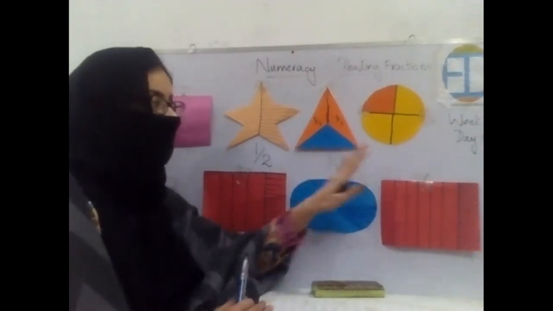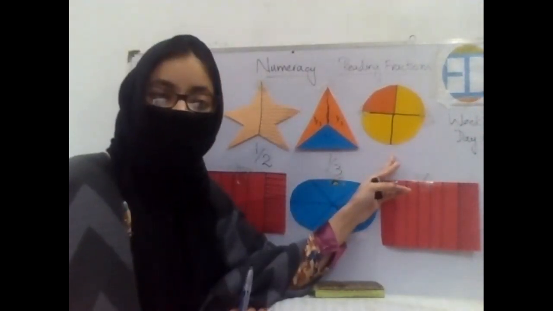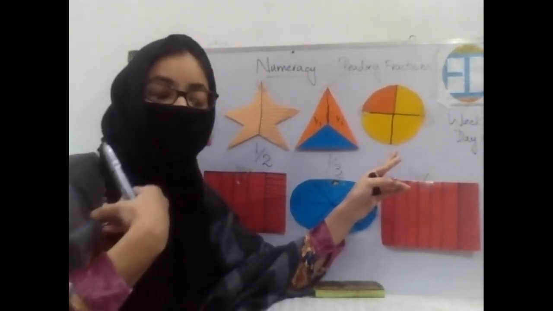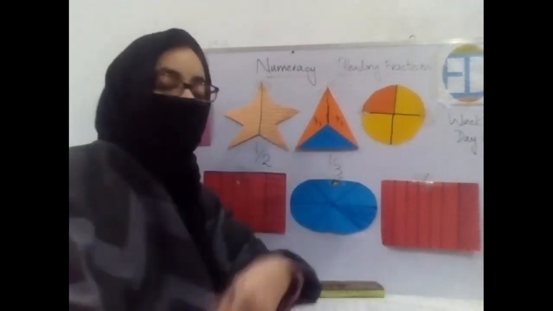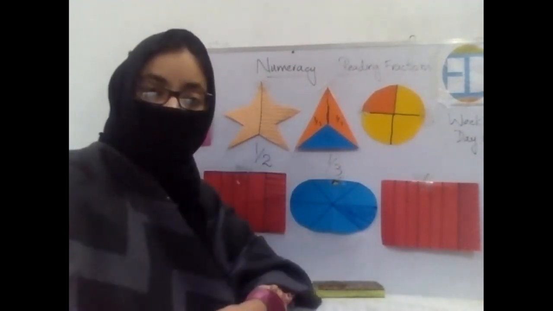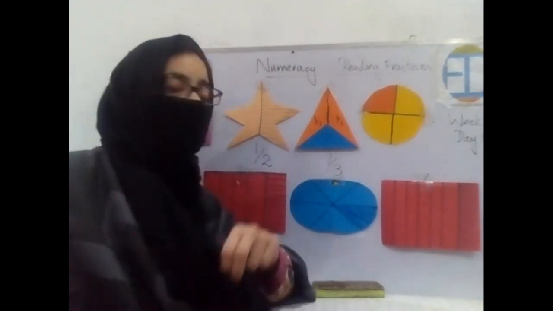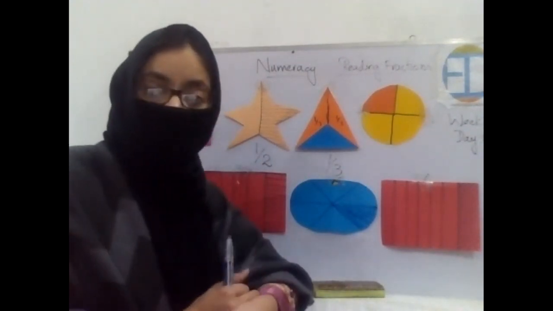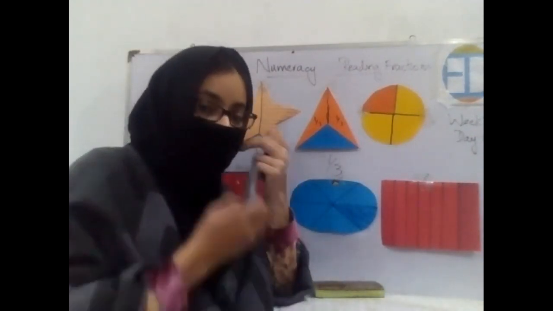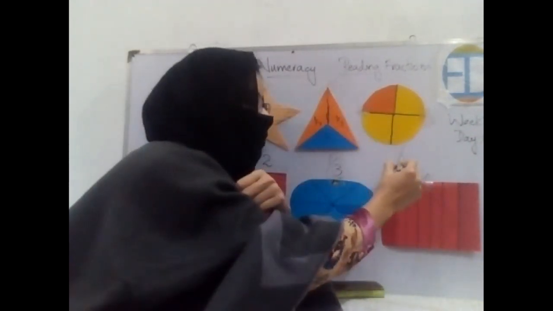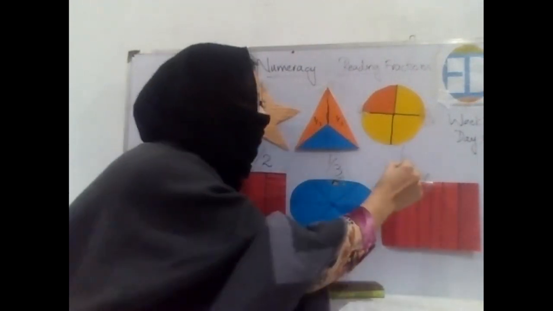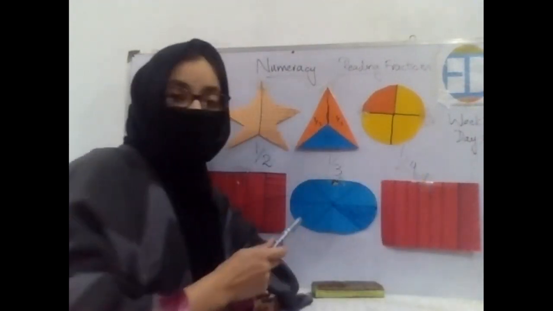Got it? Look at this one. What is this? It's a circle. Excellent. So tell me, how many parts is it divided into? It is divided into 4 parts. Excellent. So how many of its parts are in orange color? 1, right? So the part which is in orange color is 1, and the total parts into which it is divided is 4.